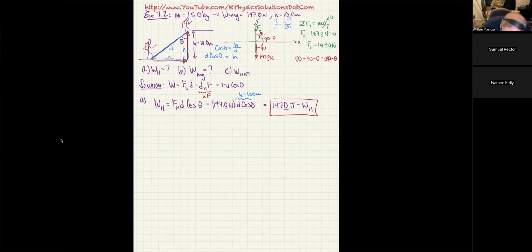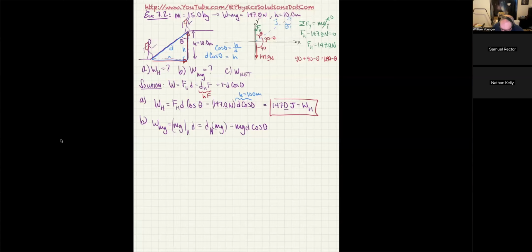Now we can do the work done by the weight, which is part B. So let's get started with that. B, the work done by the weight, mg, is going to be mg, and I can write it like this and say component parallel to d, or I can write d parallel times mg, that would work as well, or I can write mg times d cosine theta.